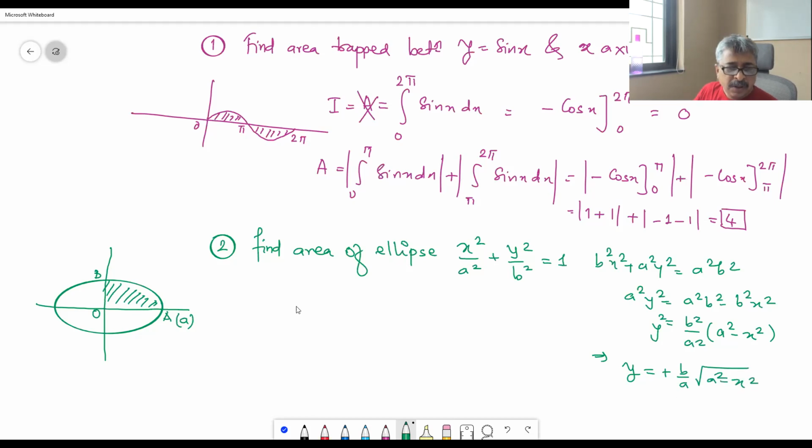That is our function. And therefore area of ellipse is going to be 4 times whatever area we calculate now.